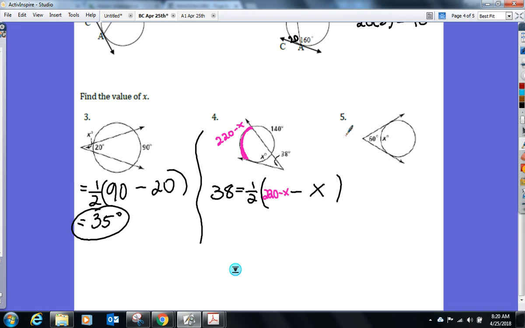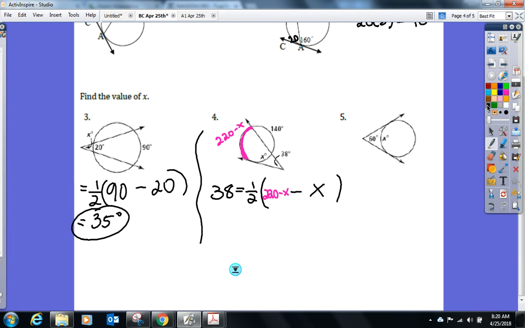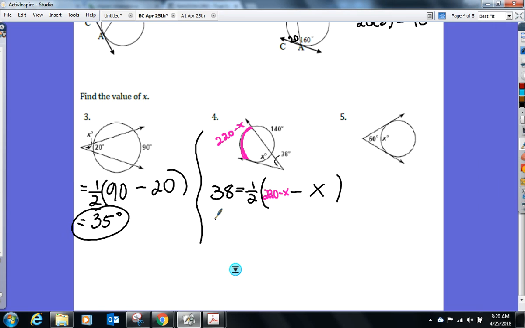Tell me now. And just like I did yesterday, I am going to get rid of the 1/2 by multiplying both sides by 2. I did this yesterday. Multiply both 38, 76.